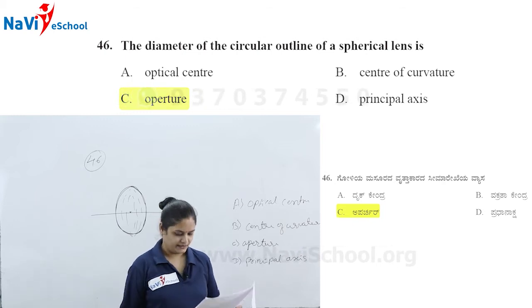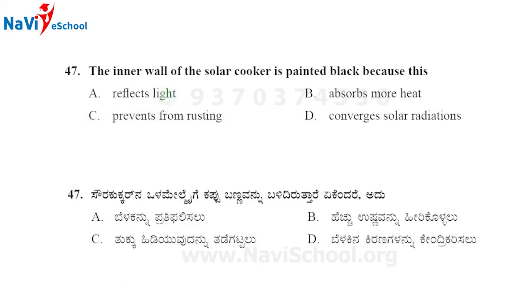Okay. Next, question number 47. The inner wall of the solar cooker is painted black because it: option A reflects light, option B absorbs more heat, option C prevents from rusting, option D coverages solar radiations.